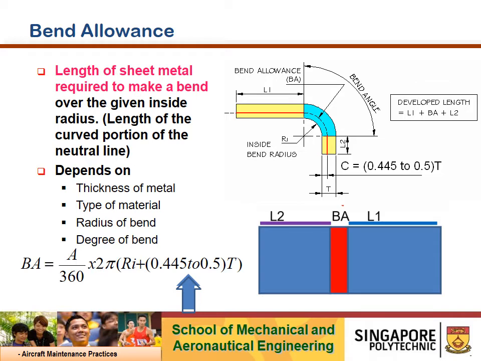Inside the bracket itself, there's an Ri and a T. Ri represents the bend radius used or identified, while the thickness factor will be 0.5 times or 0.445 times the thickness, or it can be in between. All right. Later, we will have examples or samples to do the calculation, so you better understand what we mean by that.